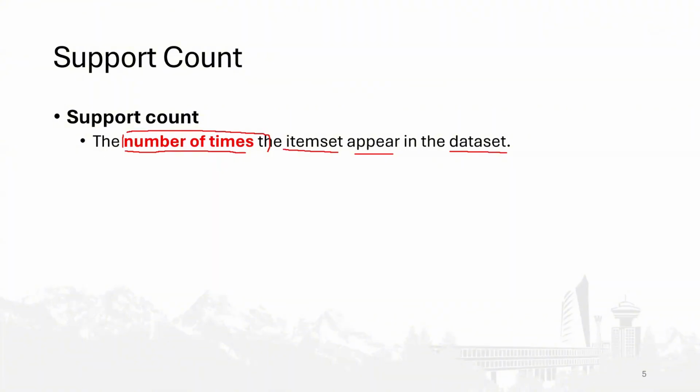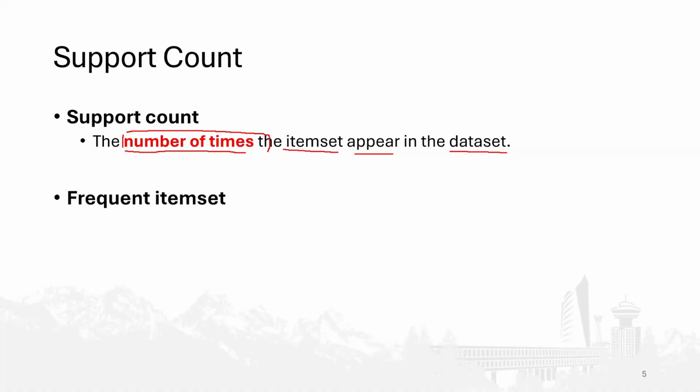We want to develop the association rules from frequent item sets because that makes more sense. We don't want random item sets to contribute to our association rules. We want to know what item sets customers buy frequently, and we will use those frequent item sets to develop our association rules.